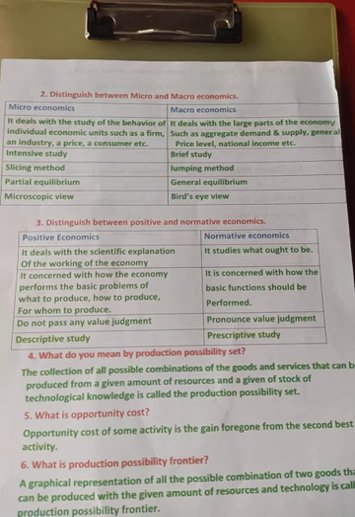Microeconomics deals with the study of the behavior of individual economic units such as a firm, an industry, a price, a consumer, etc. It is an intensive study, with the slicing method, partial equilibrium, and a microscopic view.